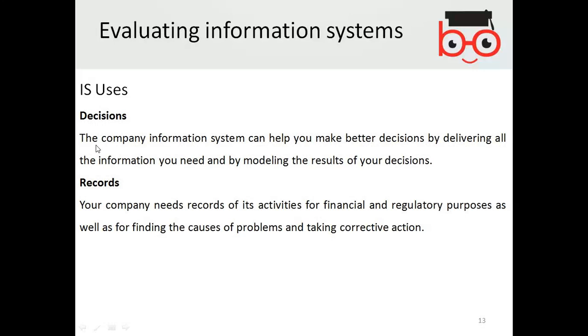Decisions. The company information system can help you make better decisions by delivering all the information you need and by modeling the results of your decisions. So information systems are used in decision making as well, and the decisions depend on the information provided, and obviously they help to create better decisions.